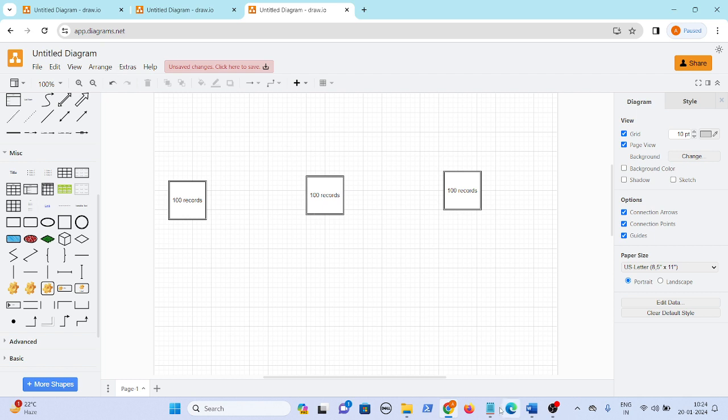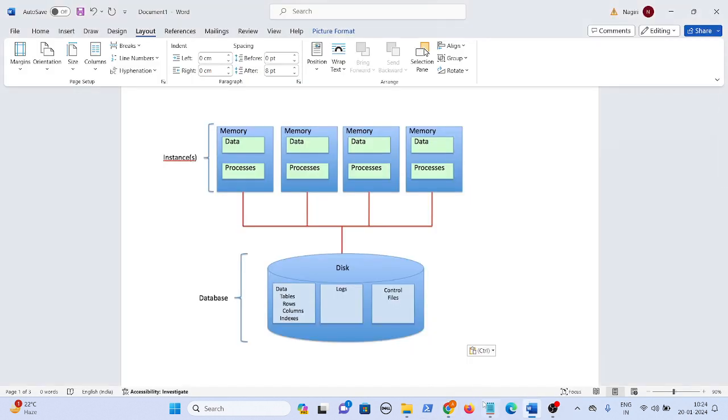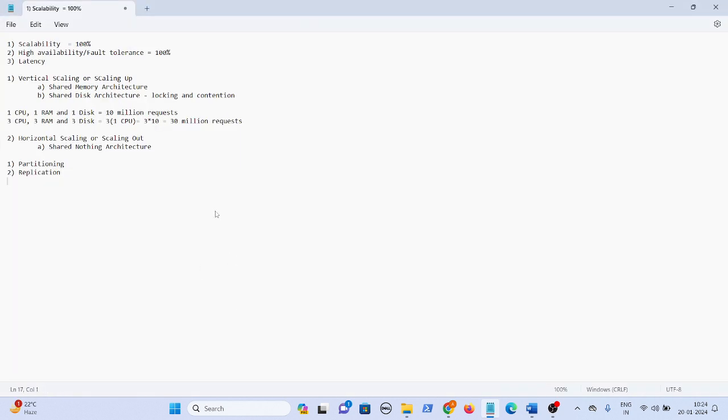Now, what is meant by partitioning? Partitioning is like you have 100 records, right? Let's say you have 100 records and you have three machines. On the first machine I store only 35 records. On machine two, I store 35 records.